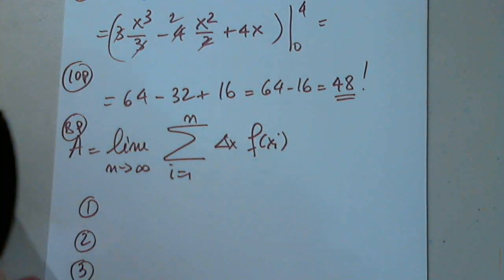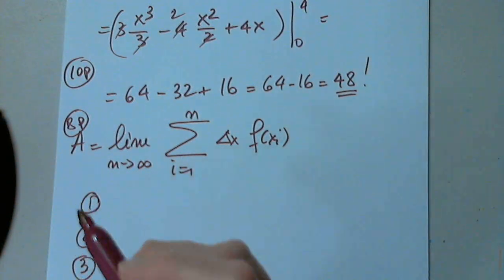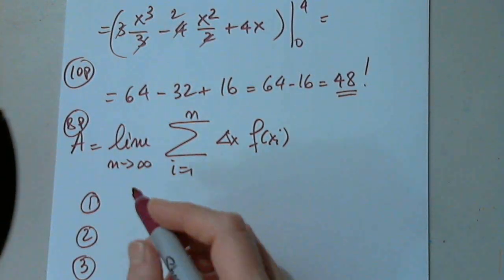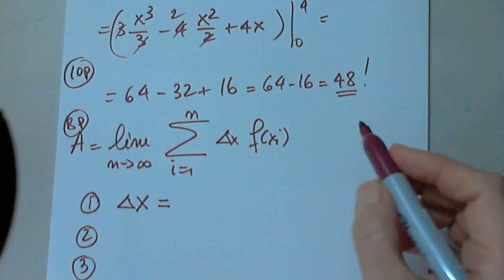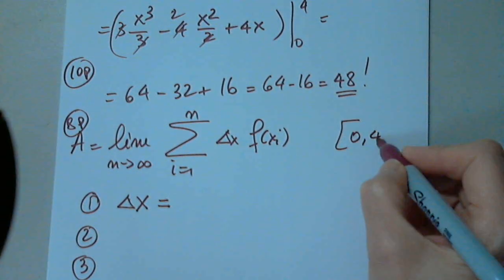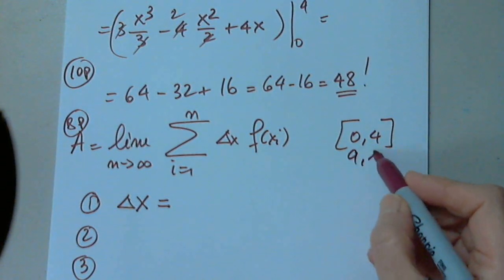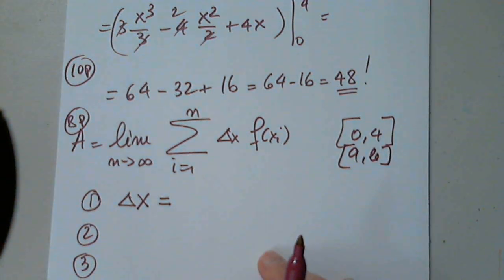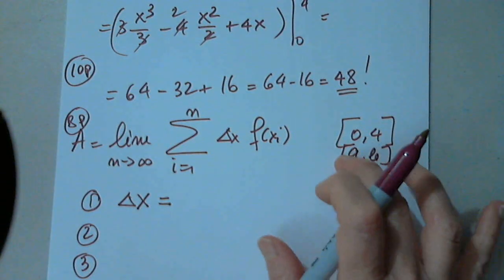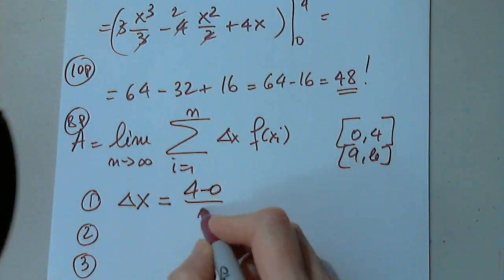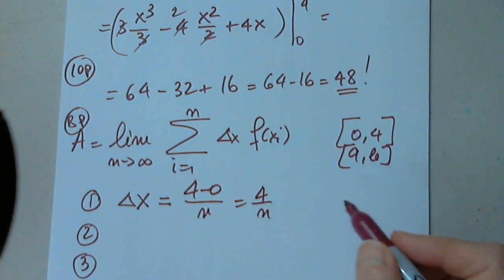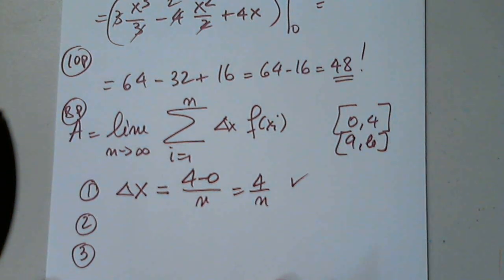If you remember the 3 steps, the three preps are, first of all, delta x. By definition, we have here 0, 4, which is a comma b, actually. So delta x is b minus a over n, 4 minus 0 over n, which is 4 over n. This is done with the first prep.